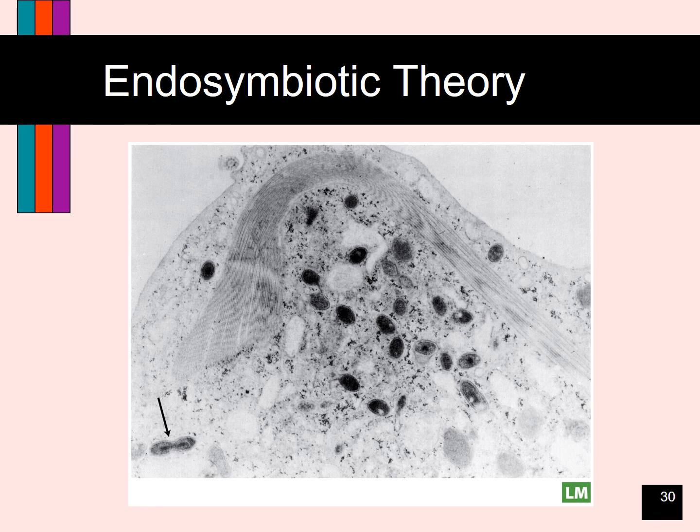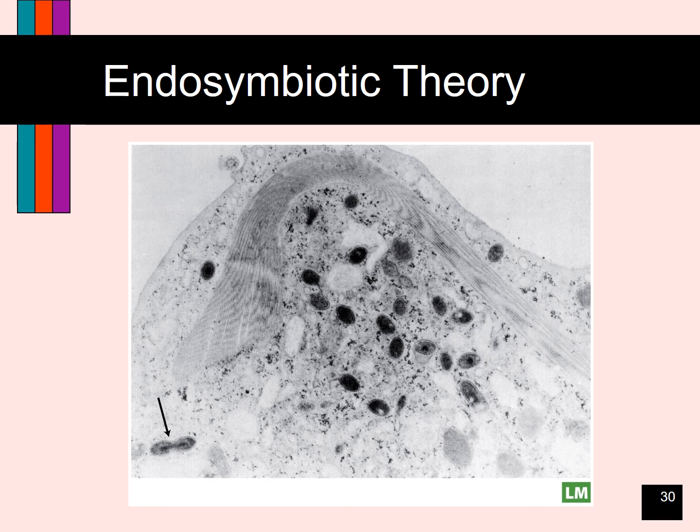And in fact, the endosymbiotic theory is a very, very well supported theory. Not a hypothesis. There's a large body of evidence to support this theory, that the mitochondria and the chloroplasts were once their own living things.